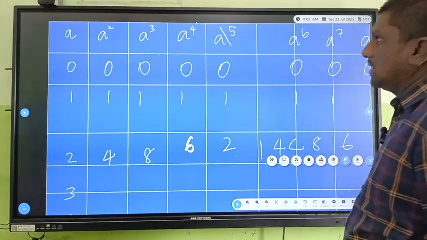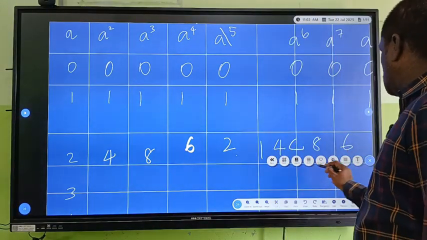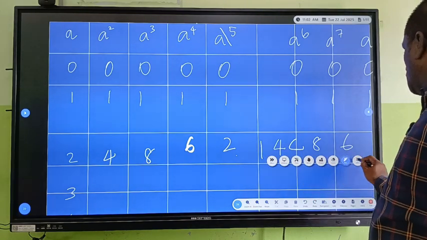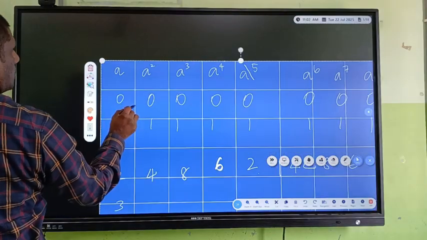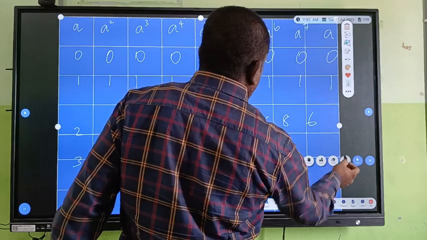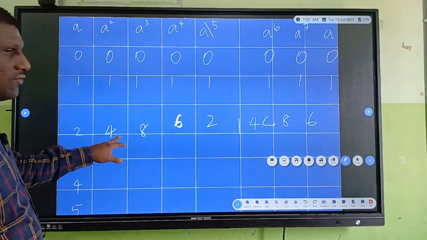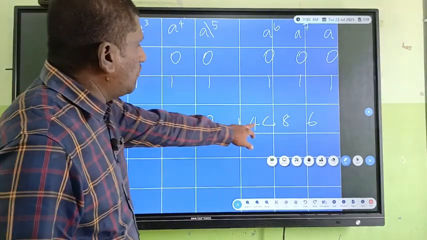So it keeps on going like this. There is some pattern, but it is not constant like 1. It has some cyclicity. Cyclicity means after a few terms, the terms repeat. See, it goes 4, 8, 6, then again 2, 4, 8, 6.